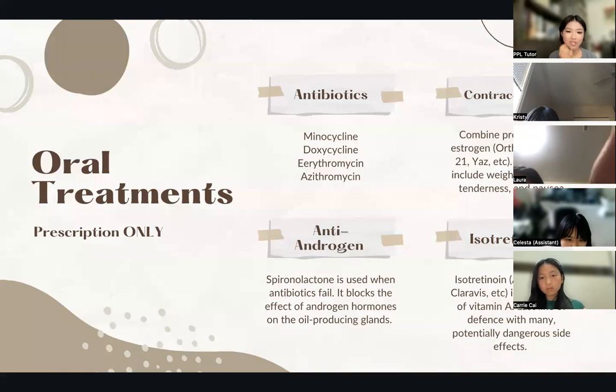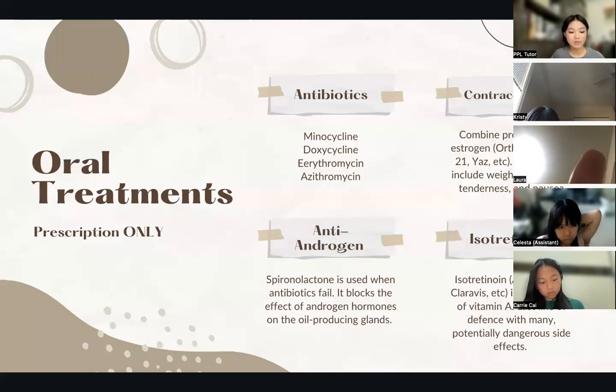Contraceptives are notorious for having a lot of side effects like weight gain, breast tenderness, and nausea, among a gazillion others. So yeah, I have many reservations against contraceptives, but it is sometimes necessary for people's skin to get better.